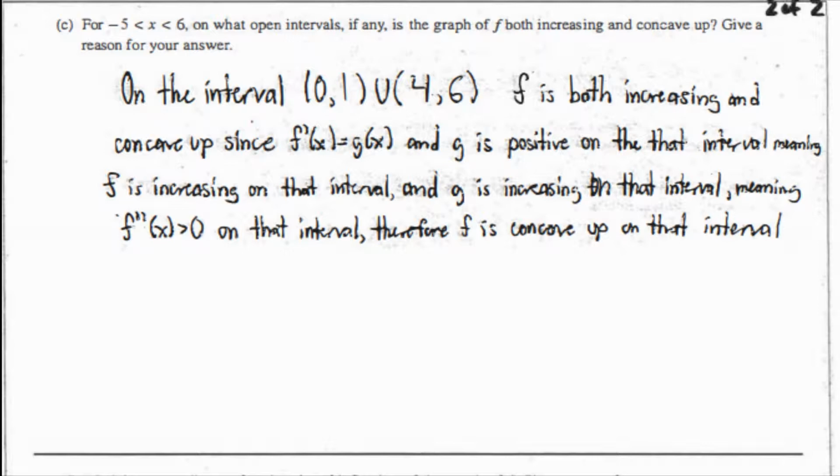So they got 1 point for correctly identifying the intervals (0, 1) and (4, 6). Then they got their other point by correctly having a reasonable explanation. So they identified f prime of x is equal to g of x, and they also stated that g is positive, which makes f increasing, and that g is increasing, which means that f is concave up.